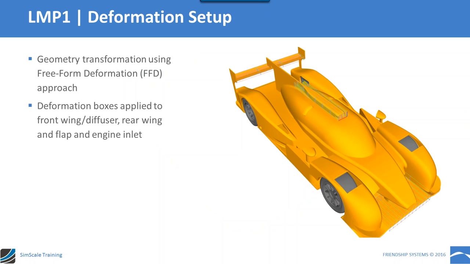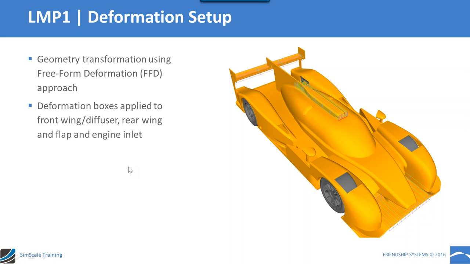So freeform deformation is an approach where you just create these boxes. You can see here in detail the engine inlet, also the rear wing and the front splitter.